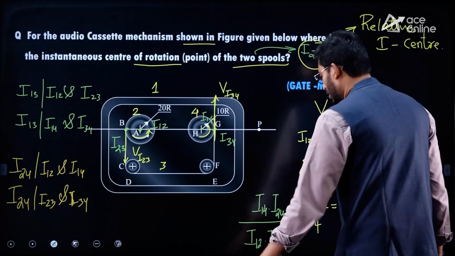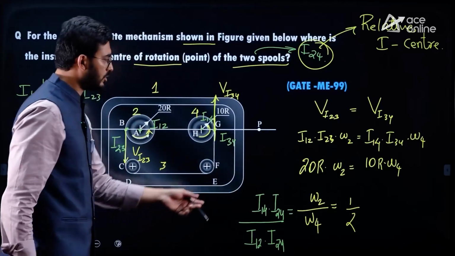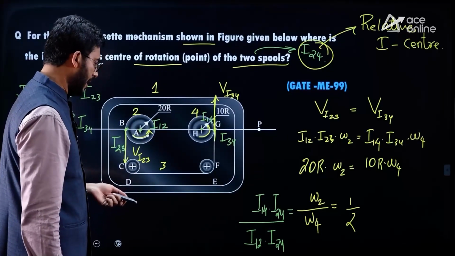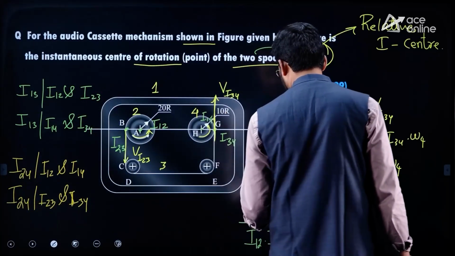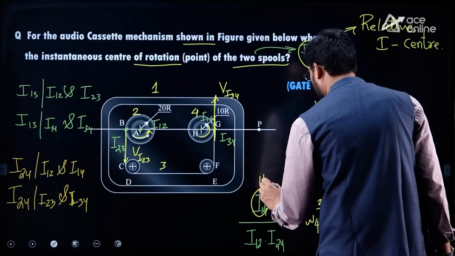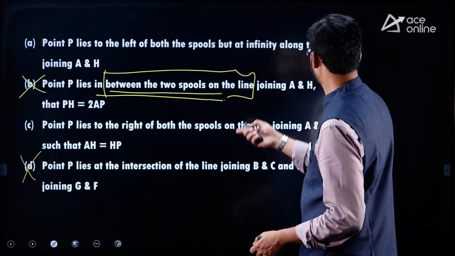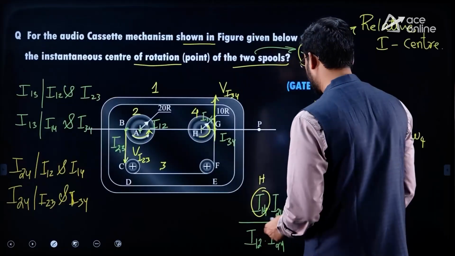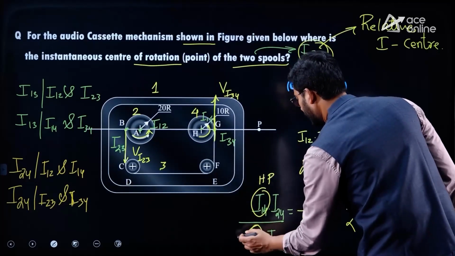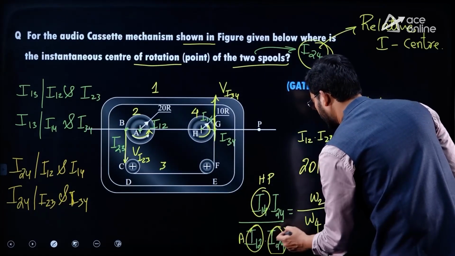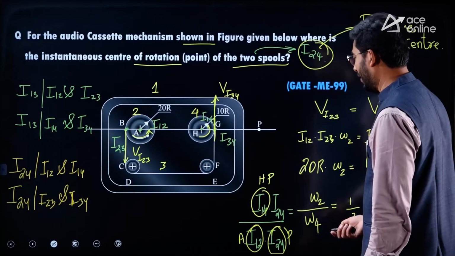So here if we try to decode these I centers with the points available over here, then I14 is actually H. This is H, and I24 we don't know, and that point has to be P. That is P, HP, and this is AP. A and I24 is that point which needs to be marked. So HP by AP is equal to 1 by 2.